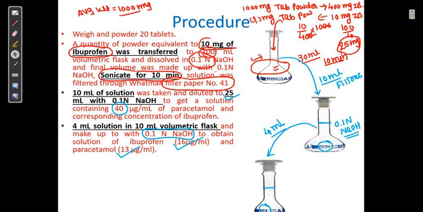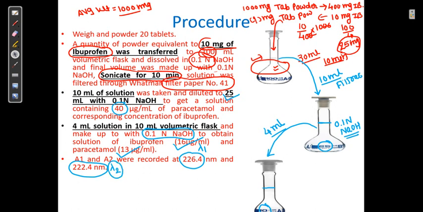Next, A1 and A2 are recorded at 226.4 nanometer and 222.4 nanometer. These are the two wavelengths because we have two drugs. So this is lambda 1 and this is lambda 2. From lambda 1 and lambda 2, we need to do the calculation, which we will see.